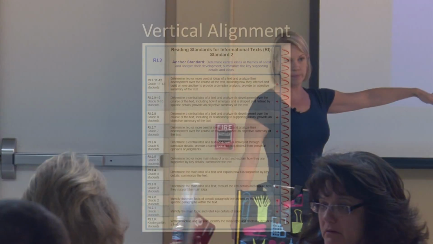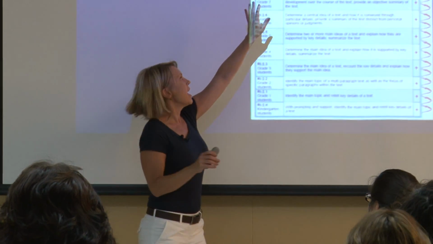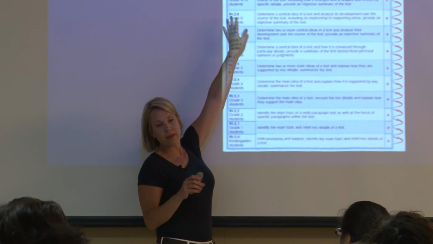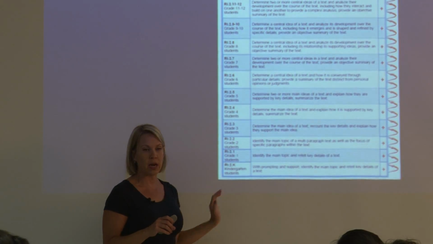The standards exist horizontally across a campus. But they also came to us vertically aligned. So this skill that you just read, the anchor standards up here, they've taken that skill and they've said this is what a 28-year-old needs to be able to do. This is what they should be able to do in 11th grade, in 9th grade, in 6th grade, in 4th grade, all the way down.